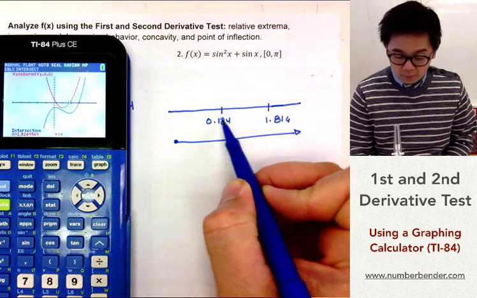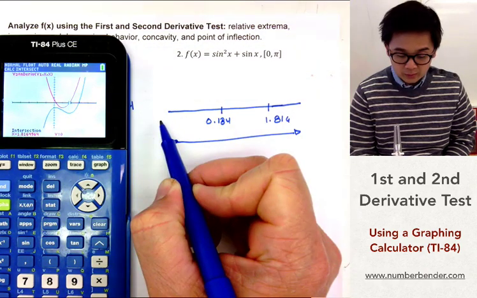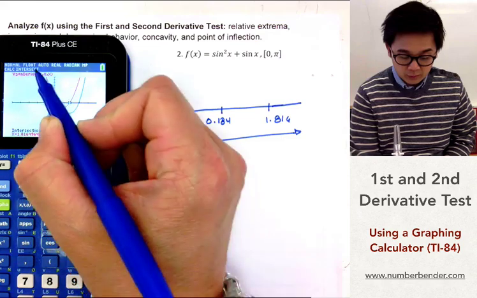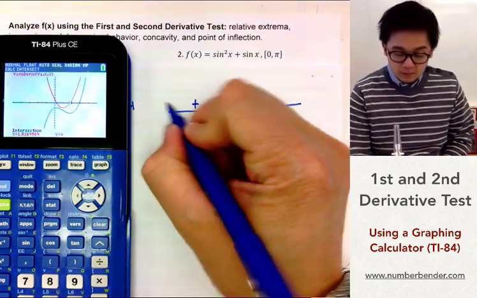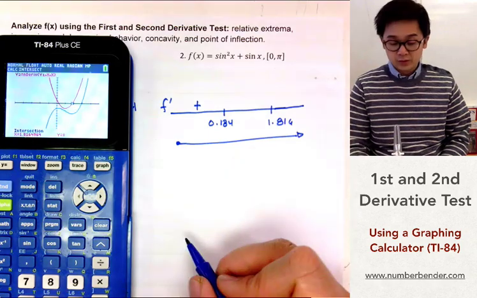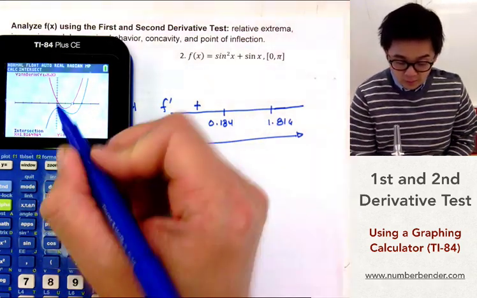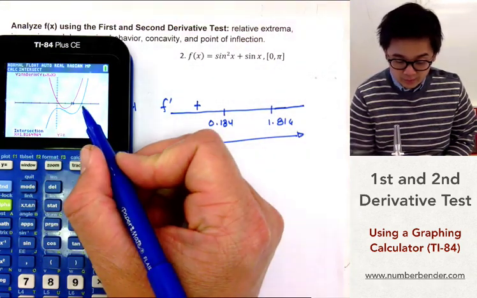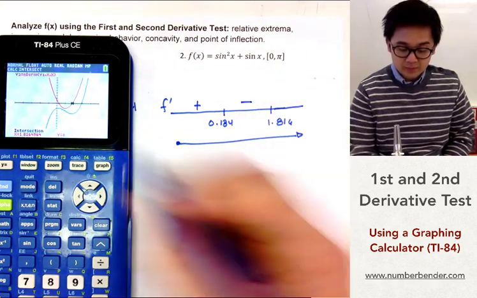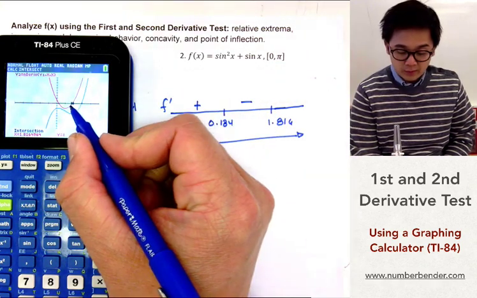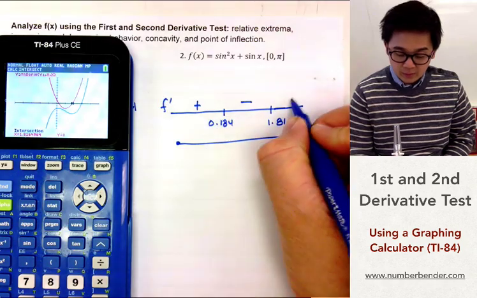So from 0.184 going to the left, we know that the value of the first derivative is positive, and from 0.184 to 1.816, the value of the derivative is negative, and from 1.816 going to the right, it's positive.